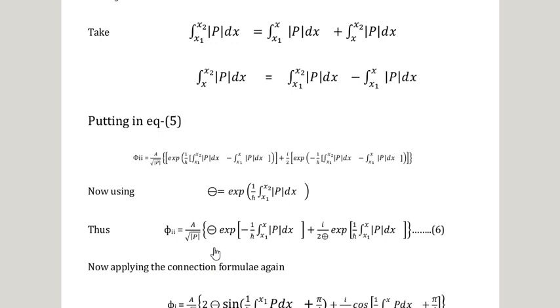My process is to use the wave function of the third region, transfer it to the second region with the help of the connection formula, and the wave function of the second region is transferred to the wave function of the first region by again using the connection formula.